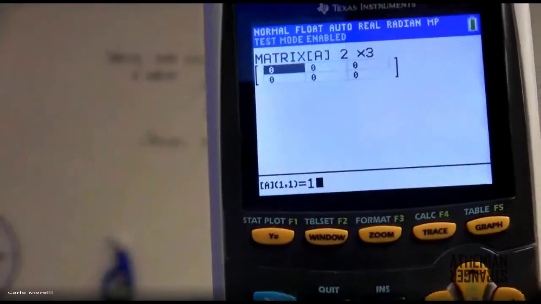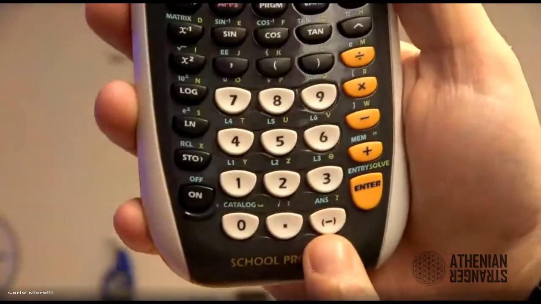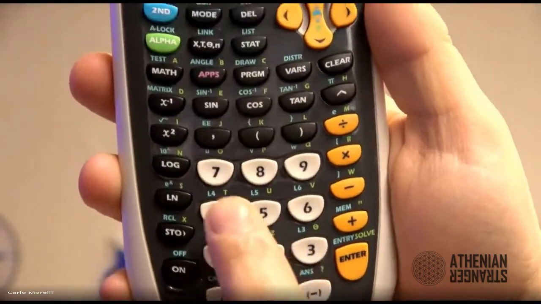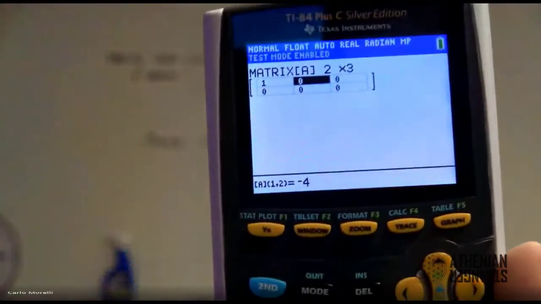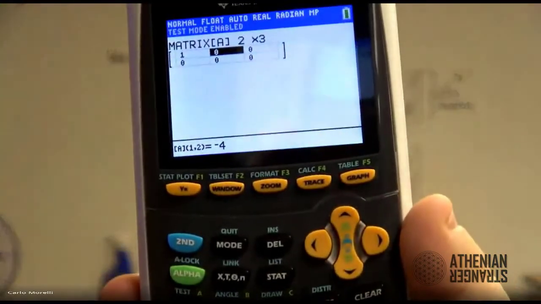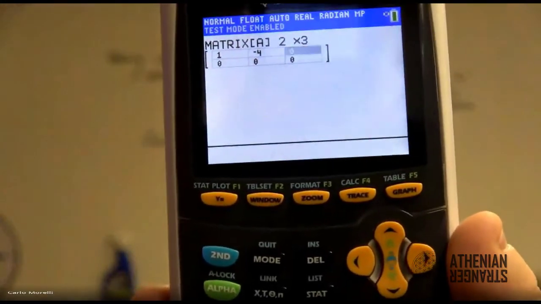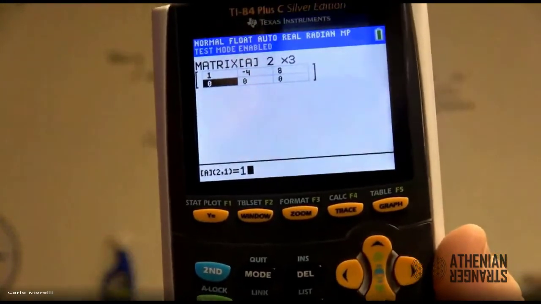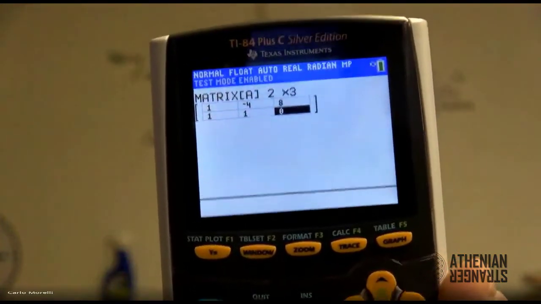So it's 1, enter. Now, please be careful here. You have to do negative 4, not minus 4. Stay away from this orange key. -4, enter. Oops. Okay. And then 8, enter. 1, enter. 1, enter. 38, enter.